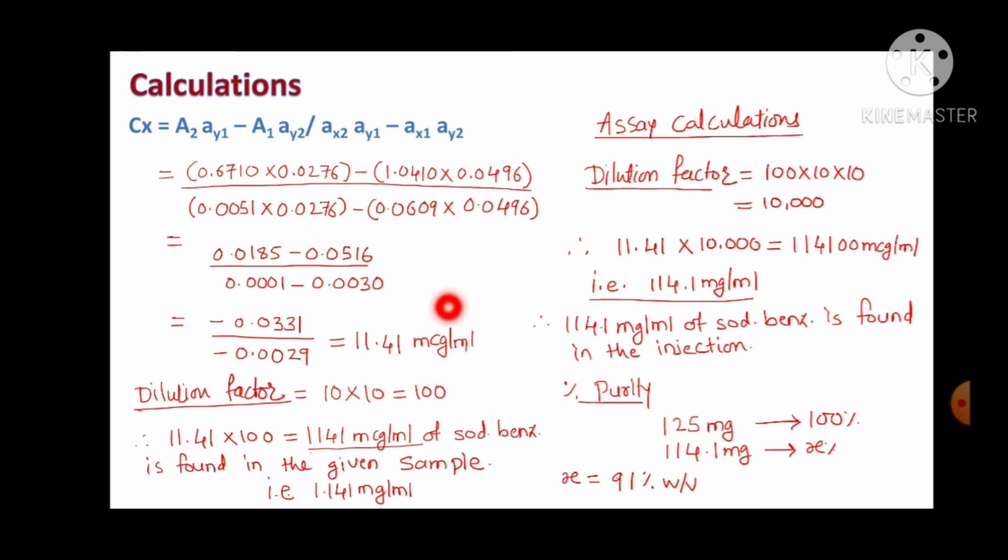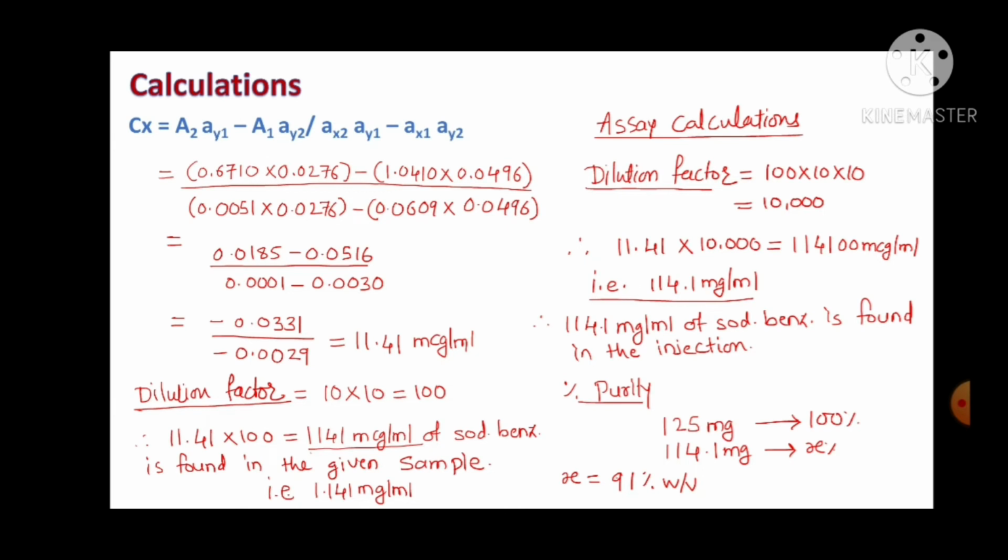So this is the concentration I got in the dilution which I have taken for recording the absorbance. So we need to find out the dilution factor. The sample which was given to us was a 100 times diluted sample. From that we have taken 1 ml diluted to 10 ml, again from that 1 ml and diluted to 10 ml.